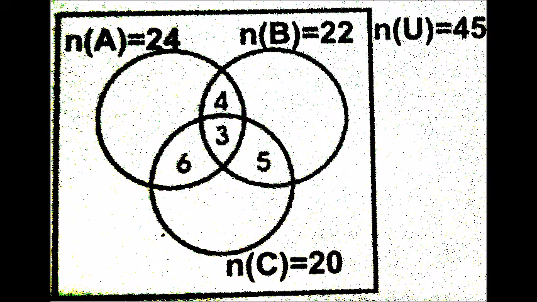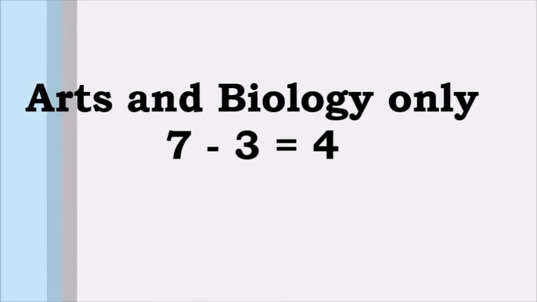It says 7 students do both arts and biology. Hence, the region of intersection of arts and biology subset is 7. But 3 students do all 3 subjects. Therefore, 4 students do arts and biology only.